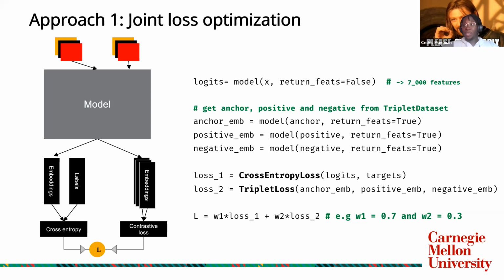So you actually need 3 images, and we explained this in the bootcamp. What you want to achieve using this loss is to reduce the intra-class distance, and you also want to increase the inter-class distance.